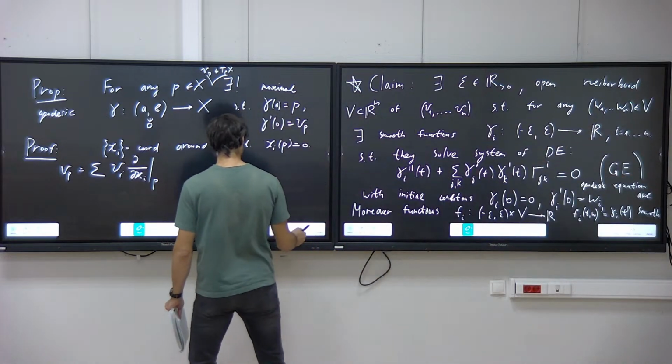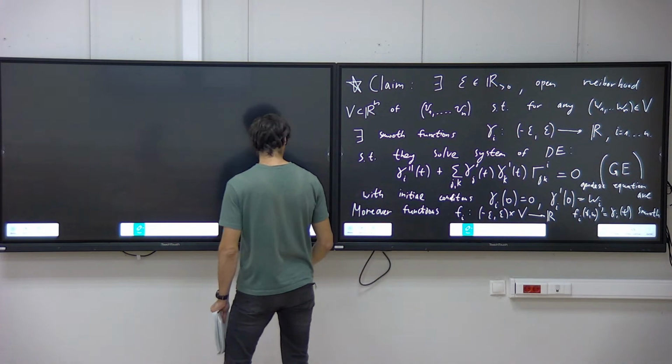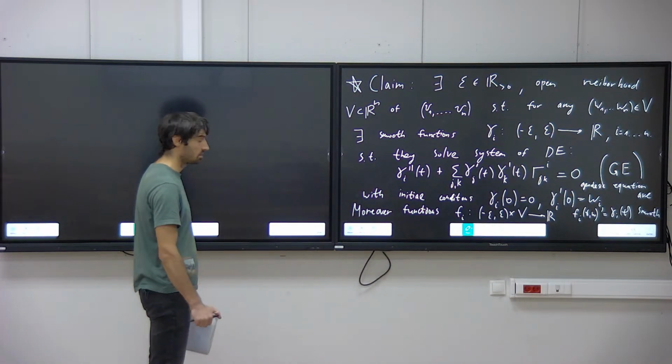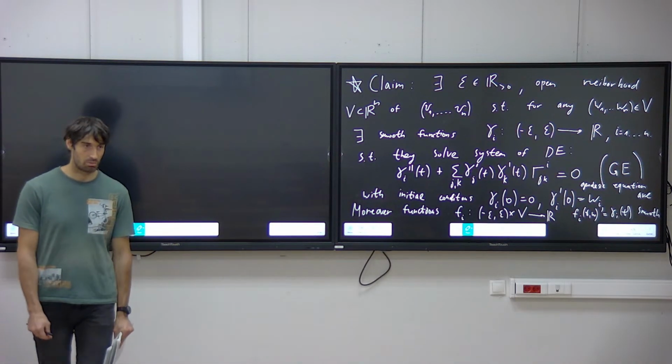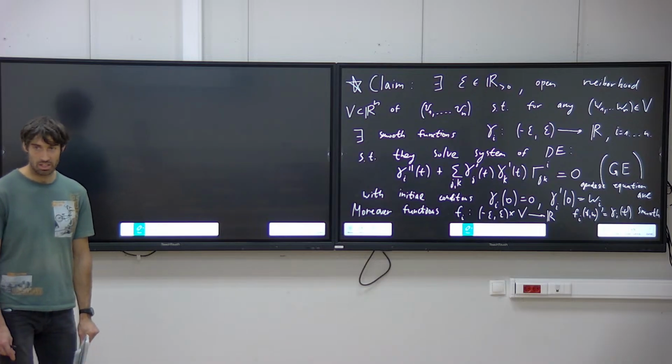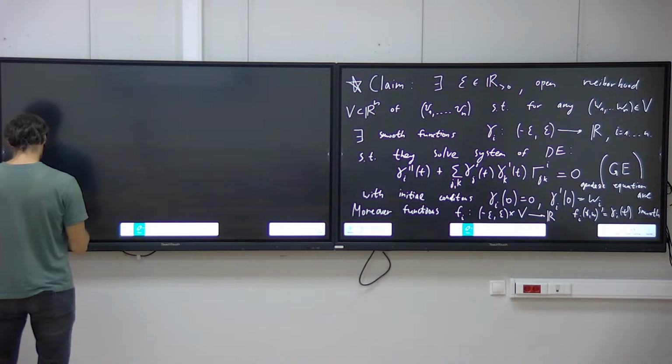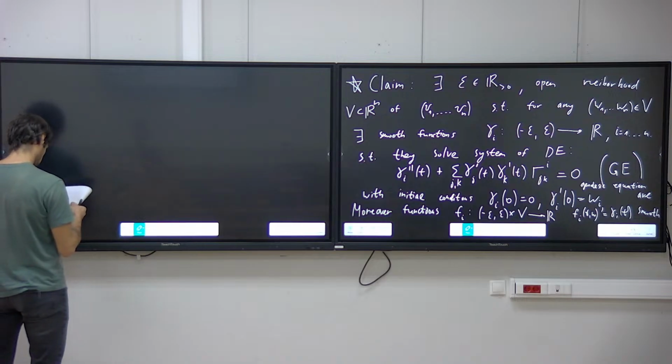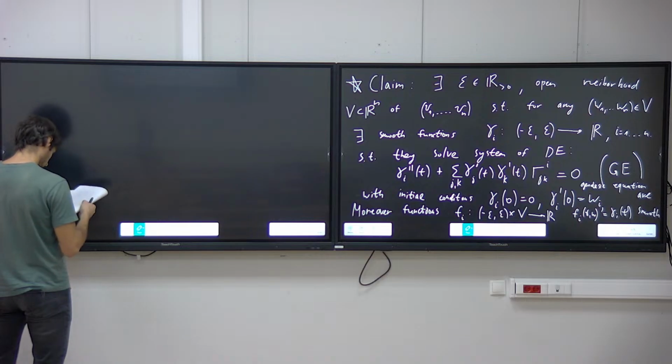Okay. Well, the proof of this is not really differential geometry, but rather multi-dimensional calculus. I can really give you just a reference where exactly such a thing is proved.